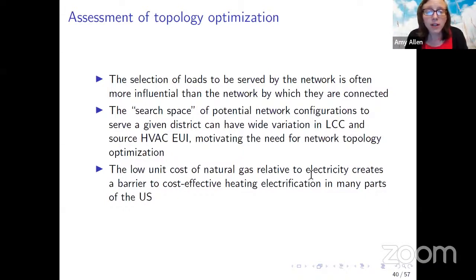And the low unit cost of natural gas relative to electricity creates a barrier to cost-effective heating electrification in this location considered in Colorado and many parts of the US.